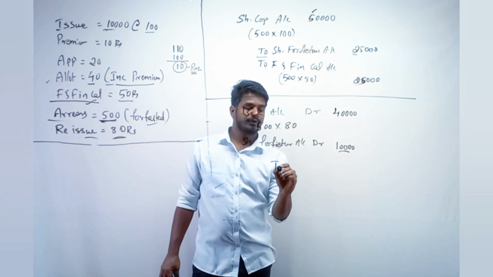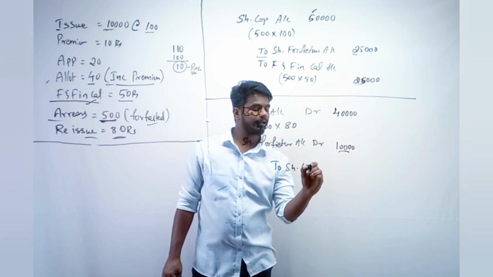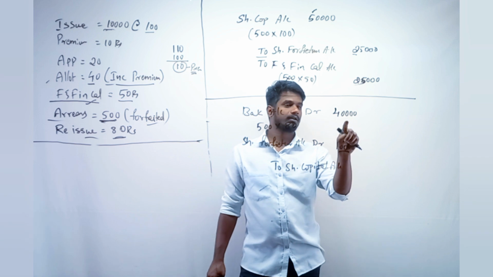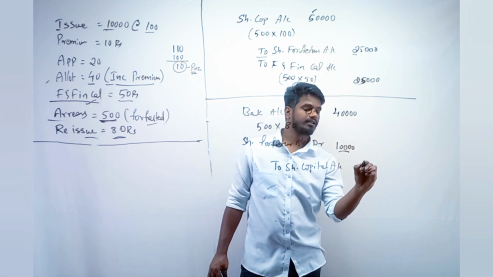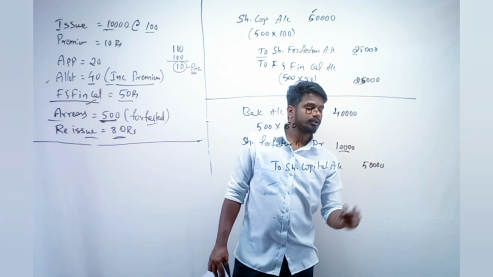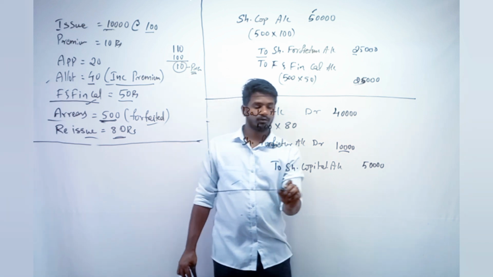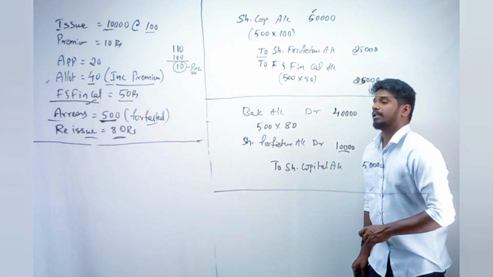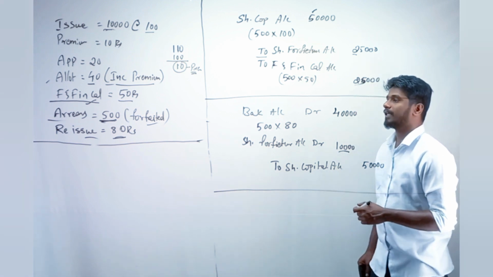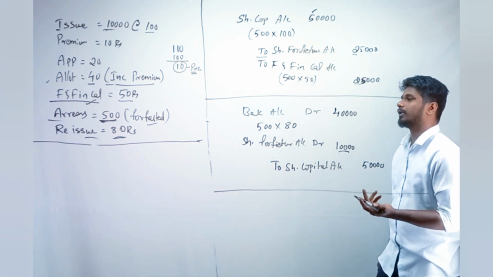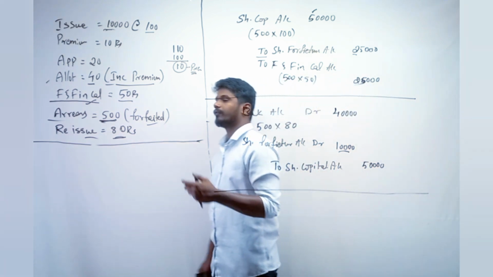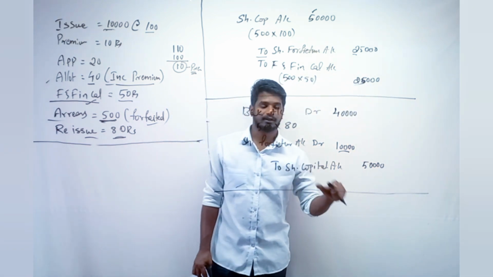So we will transfer it to share capital account. In total, 40,000 plus 10,000 is 50,000, right? The narration will be 500 forfeited shares reissued. You can also write 500 shares were forfeited and the same reissued.